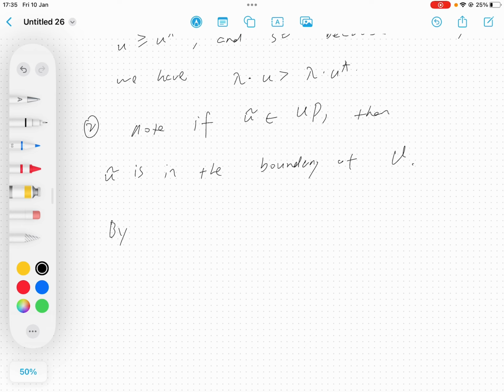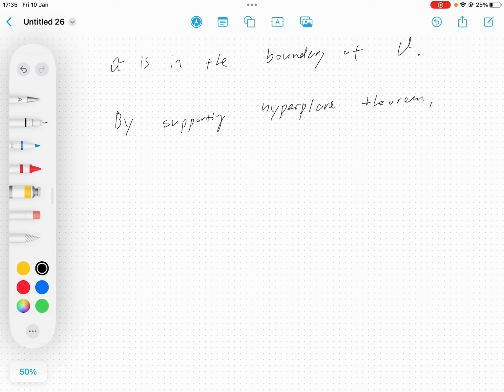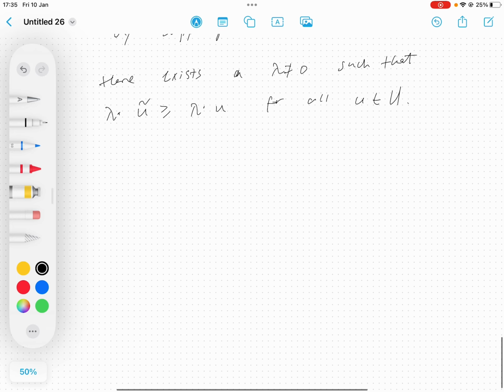By the supporting hyperplane theorem, there exists a non-negative non-zero lambda such that lambda inner product U tilde is greater than or equal to lambda inner product U for all U in the capital U. And that's not finished yet.